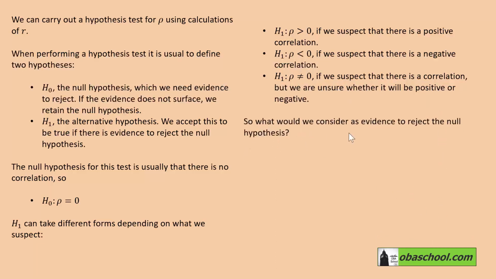So what would we consider as evidence to reject the null hypothesis? Usually we compute R and see if it lies in a critical region. So we know our correlation goes from -1 to 1. Let's say that 0.6 is a critical value. Then the critical region would be from 0.6 onwards.